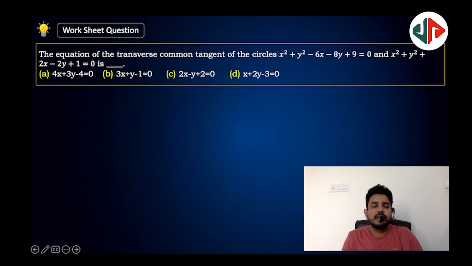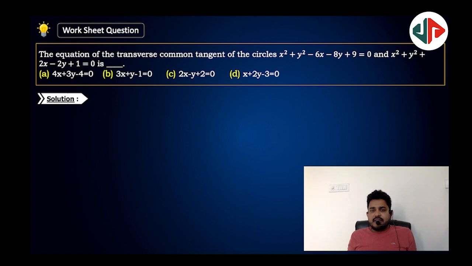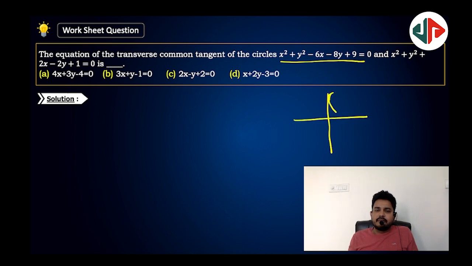So the next question is the equation of the common tangent of two circles. Look at here, this circle center is 3, 4, radius is 4 units. Okay, just the diagram I've done wrong.